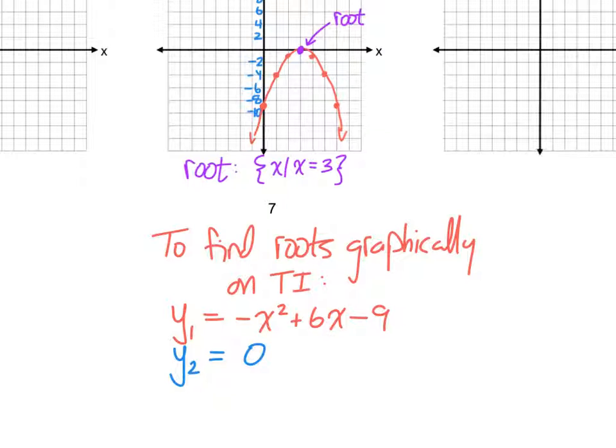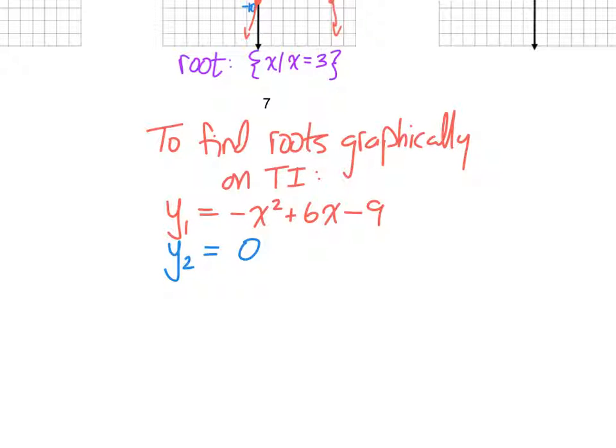So when I hit graph, y equals 0 doesn't seem to show up, but that's only because it's directly on top of the x-axis. It's there, it's not obvious to us. Right? You draw a line on top of a line, it doesn't look like there's two lines there anymore. It looks like there's one, exactly. All right? So what we do then is hit second trace option 5, which is intersect.